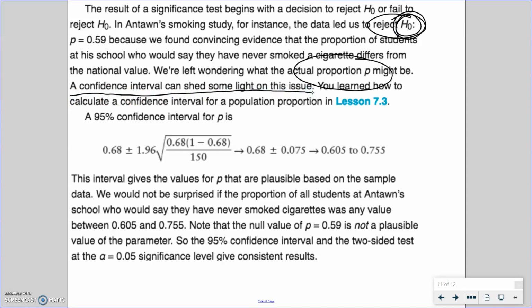So now we're going back to Unit 7. We can then create a confidence interval using the statistic we have, figuring out what percentage we want, and say, okay, I reject the null hypothesis before, so now I'm going to use my p-hat and say, I think the true proportion, the actual p, lies between 0.605 and 0.755.